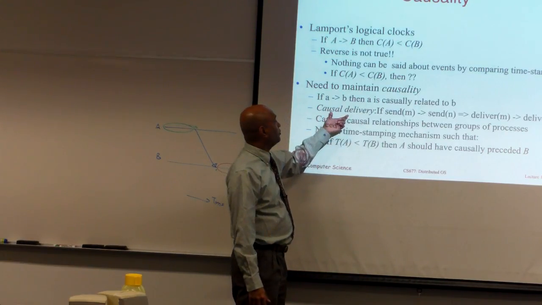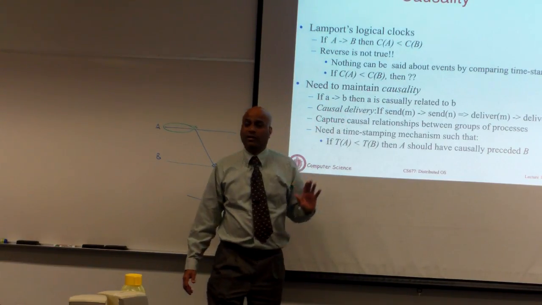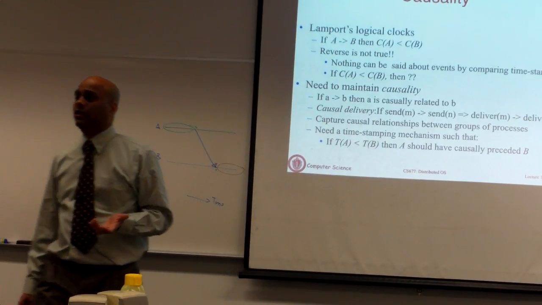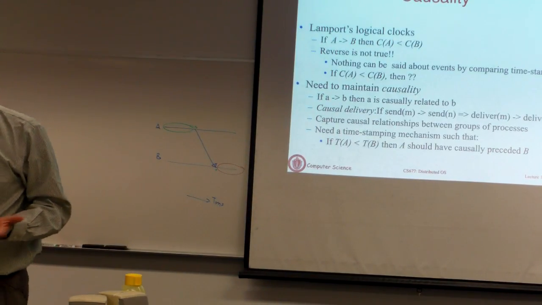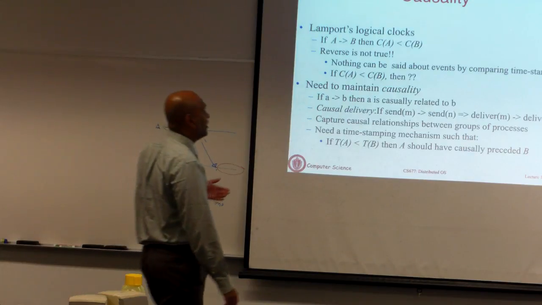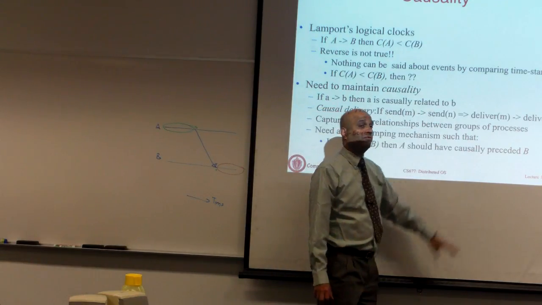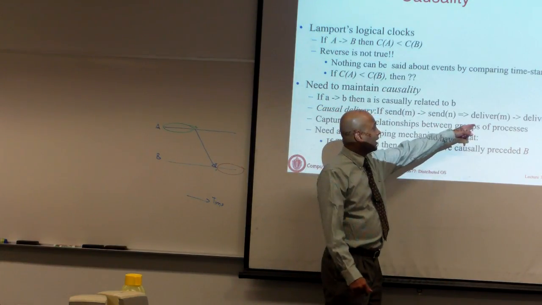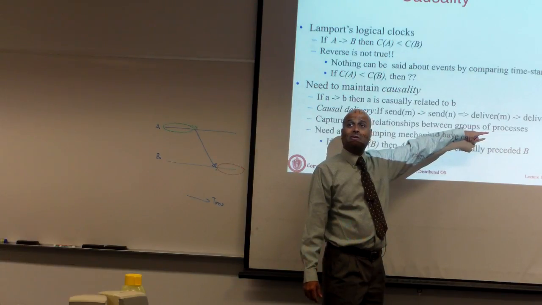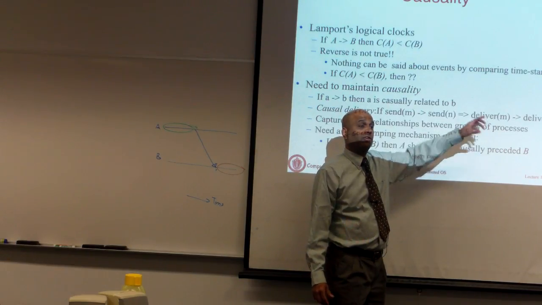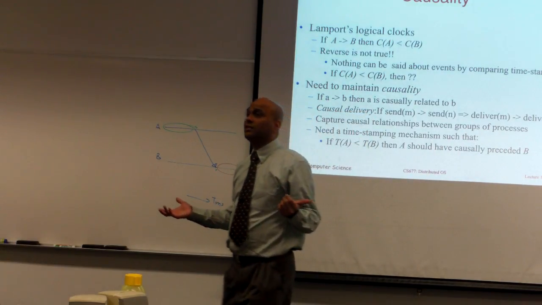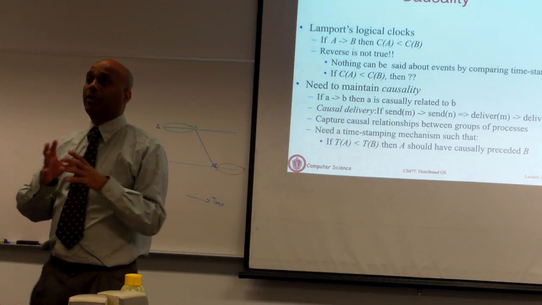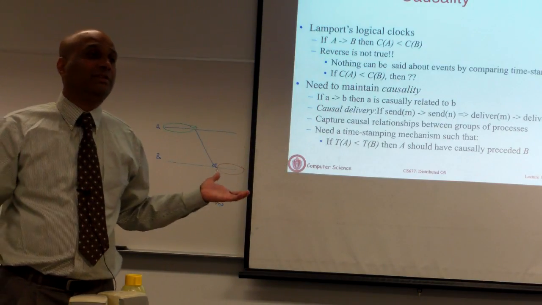One example of how you can use it is to have a network that actually enforces causal delivery, which says if sending of one message M actually happened before sending of another message N, can you also ensure that the delivery also happens in that order? Which means this is basically in order delivery, but not between two processes, between a set of processes.